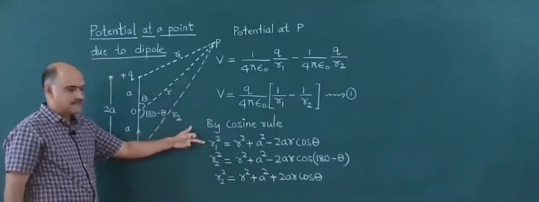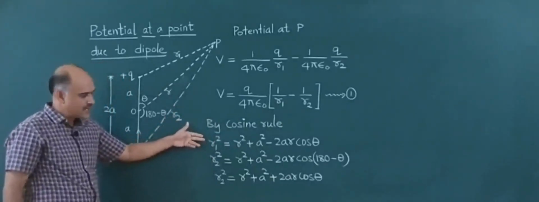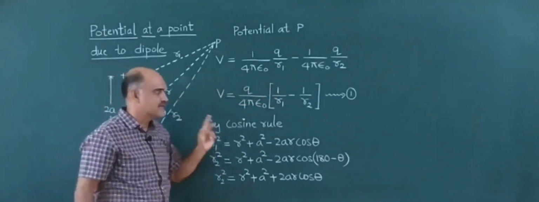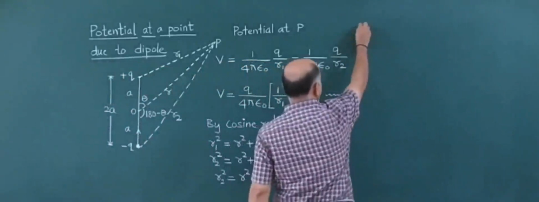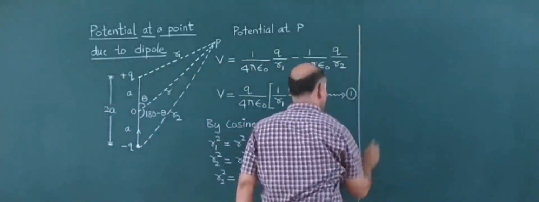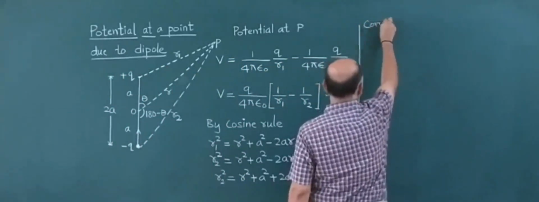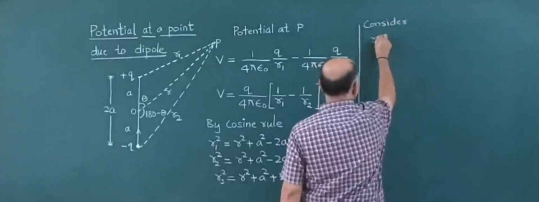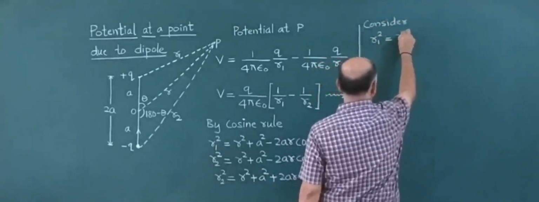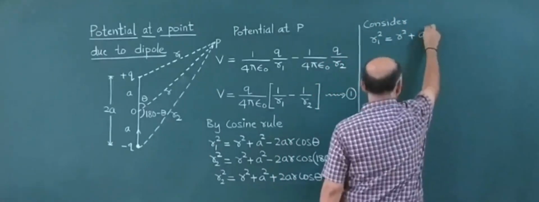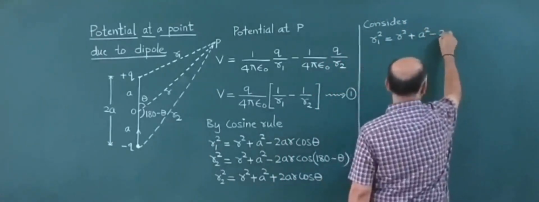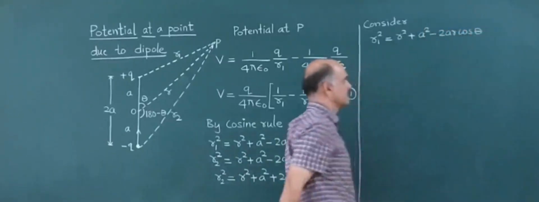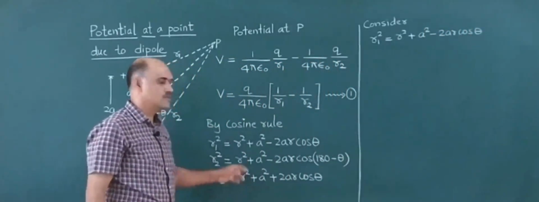Now we will simplify R1 square to get 1 by R1. Consider the first expression: R1 square is equal to R square plus A square minus 2AR into cos theta.